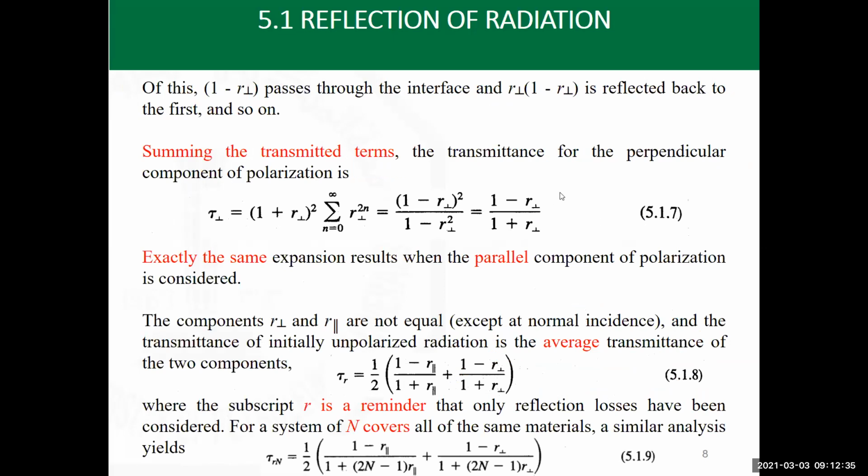Then the expressions are extended here from equation 5.17 to 5.18 to 5.19, which talk about the conditions where n covers of the same material are used. And what is it that we are measuring here? We are measuring the transmission, or the transmittance, through the glazing.